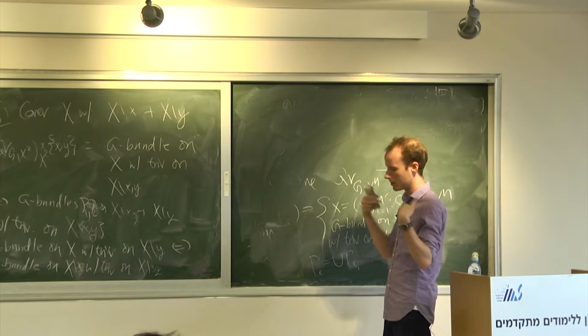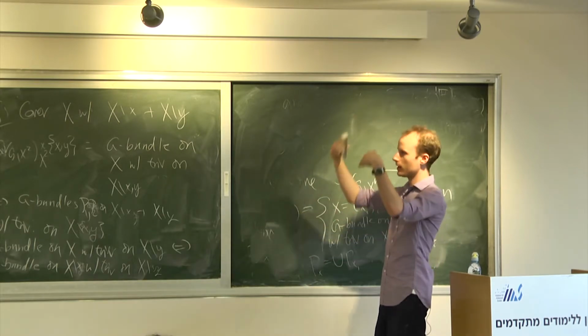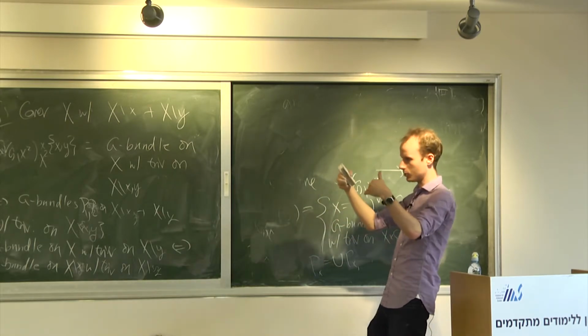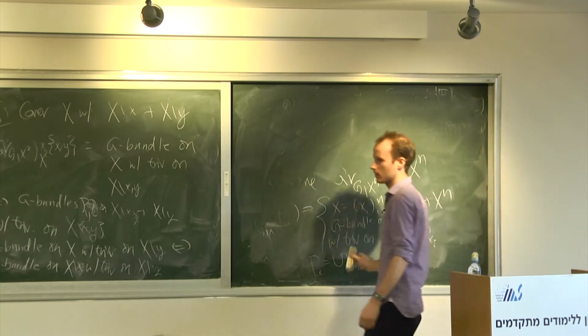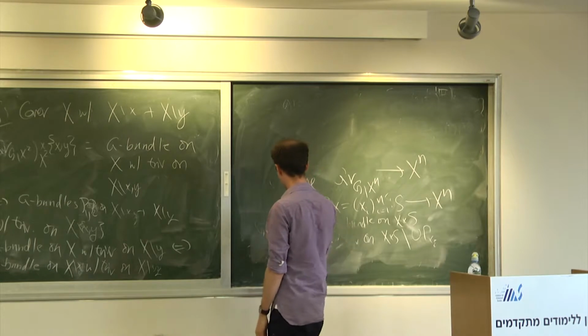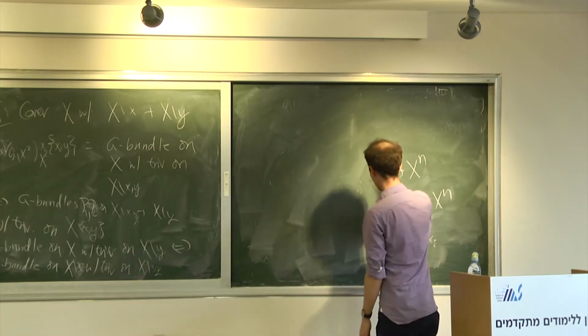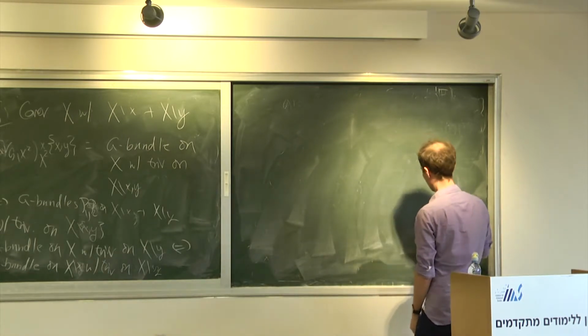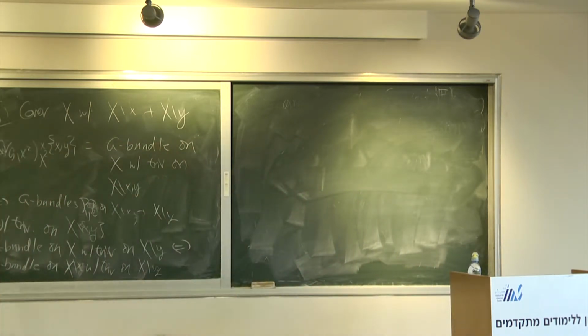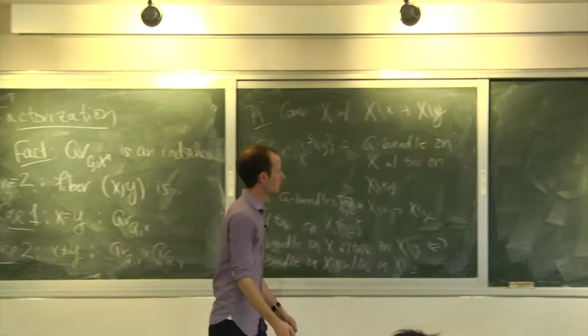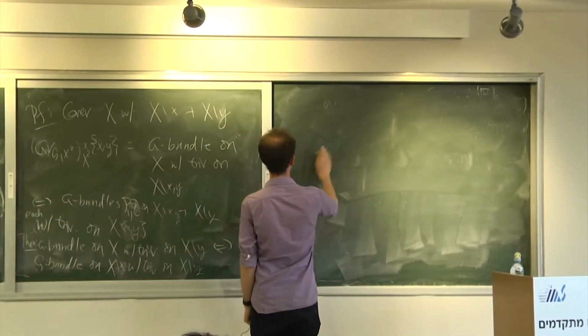If a G bundle is a map to point mod G, this is the lift of that map to the point mapping to point mod G, and there's a way to remove closed subschemes. OK, so this is what happens in that case.